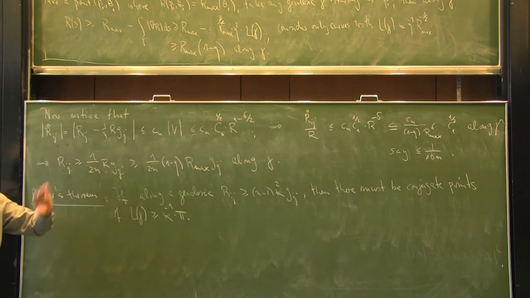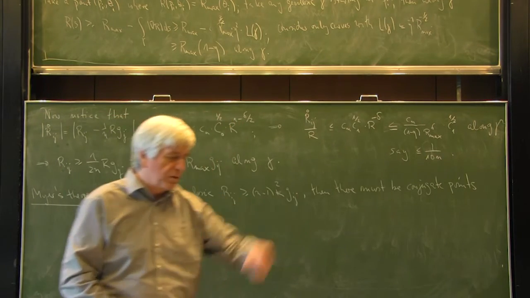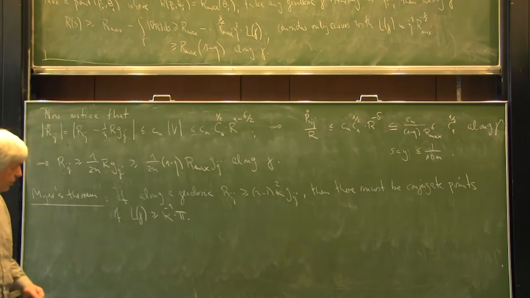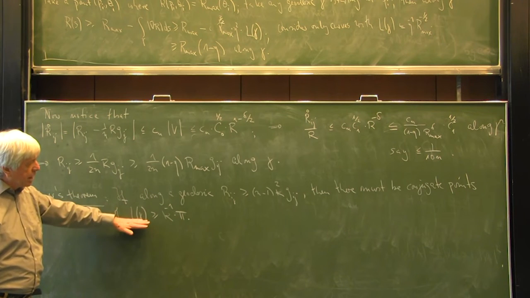And of course this is sharp on the sphere. If the curvature is that big, then as you go from north pole to the south pole, you'll reach a conjugate point. It's exactly the limiting case.